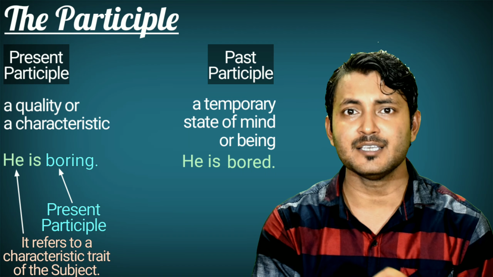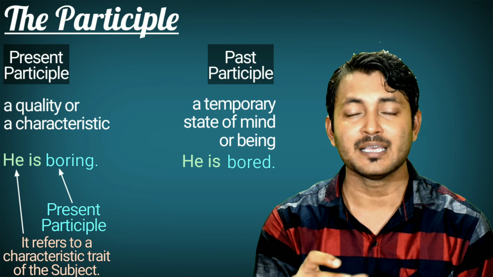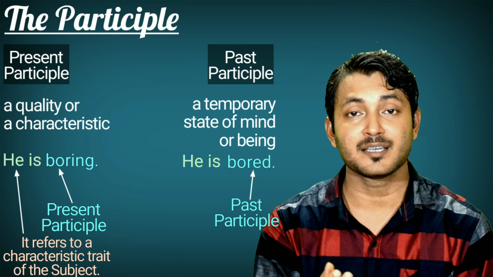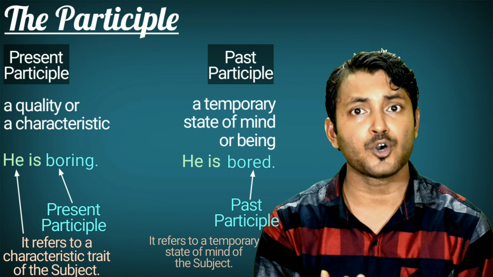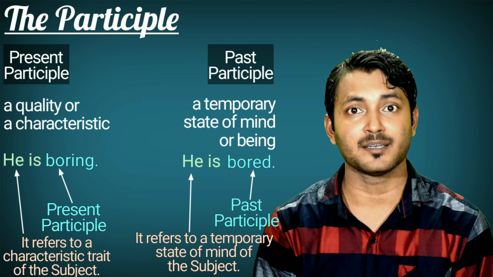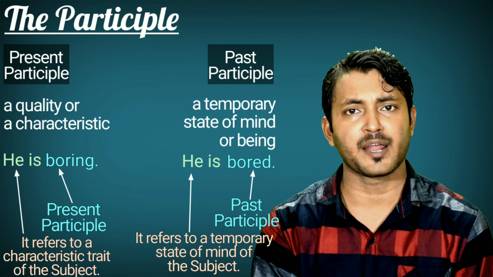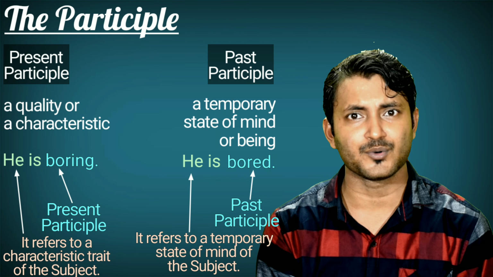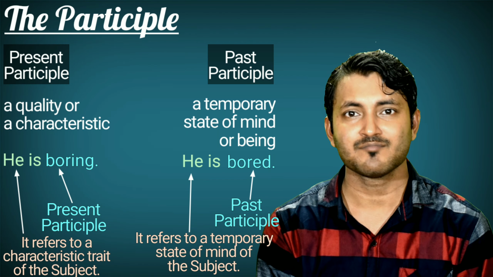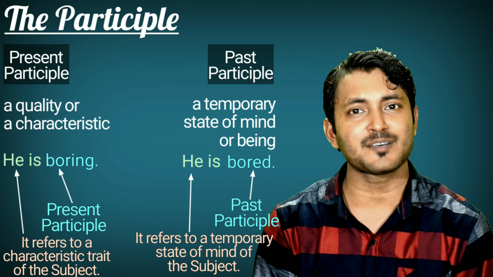And when I say he is bored, here bored is a past participle. It is the third form of the verb bore, and it is used to talk about a temporary state of mind. The person is bored right now. He is not interested. But he may not remain so. After some time, he may find interest in something.